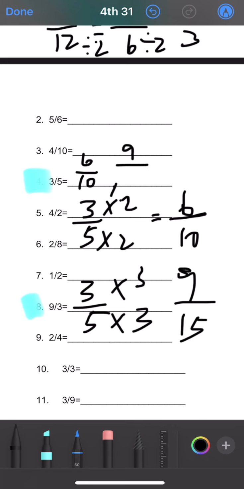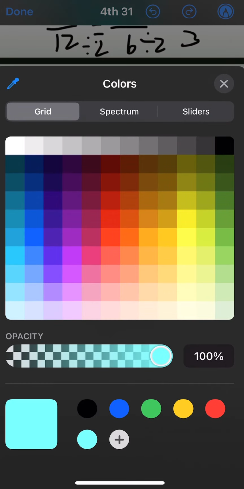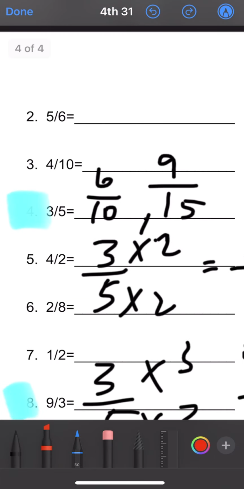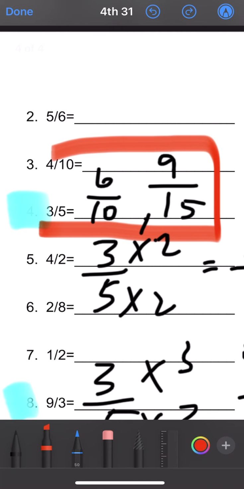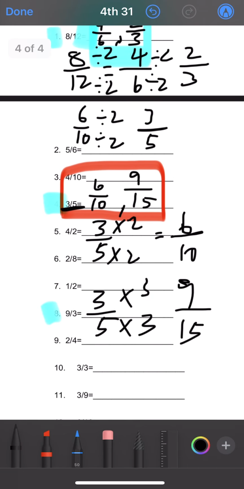Now we know that all 3 of these are the same fraction because when we simplify 6/10, we get 3/5, which was our original fraction. Same thing with 9 over 15. If we divide by 3, we get 3/5. So that's how you know they're the same.